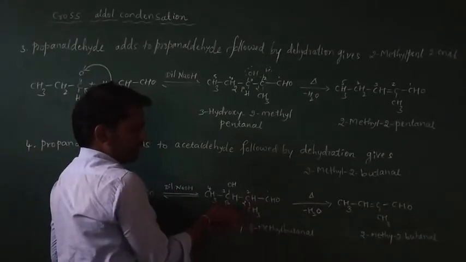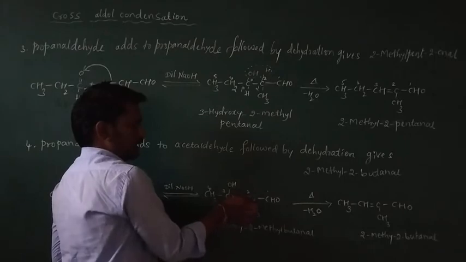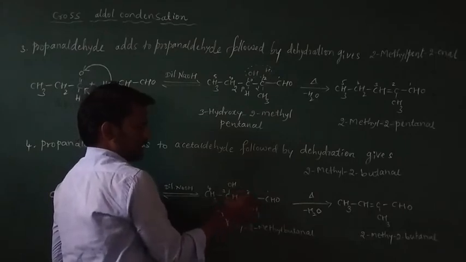Dehydration from the alpha and beta carbons: the alpha carbon has one hydrogen.